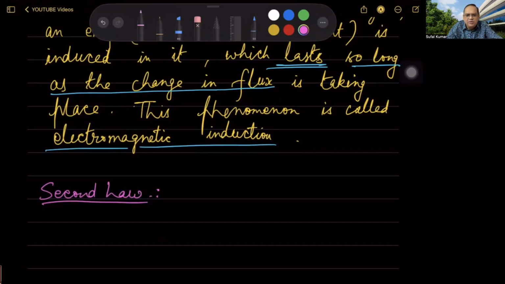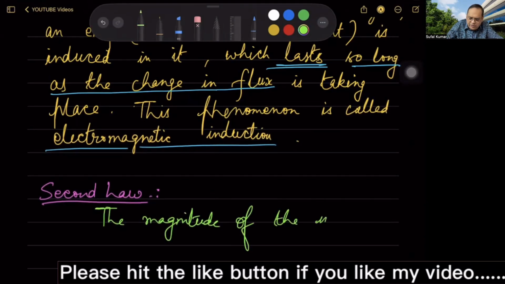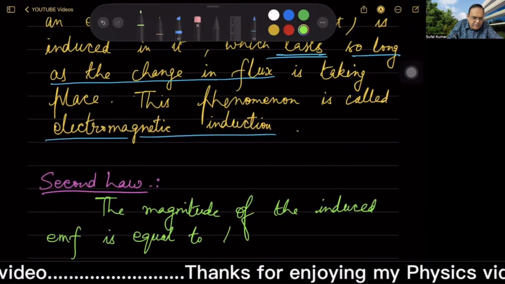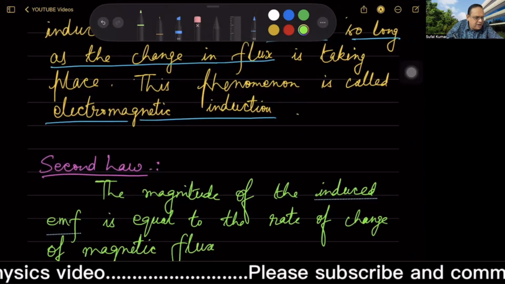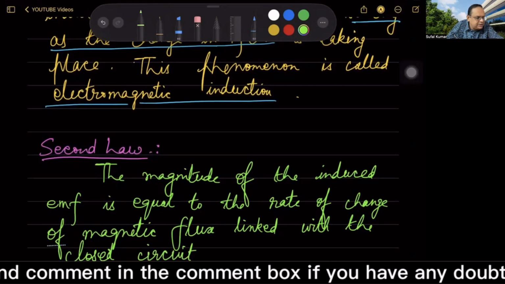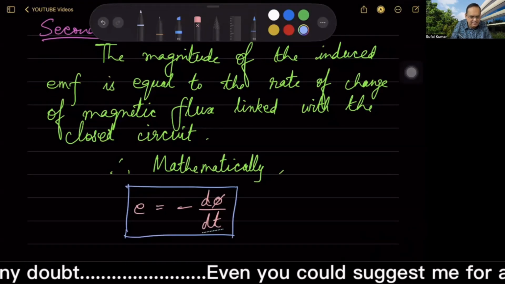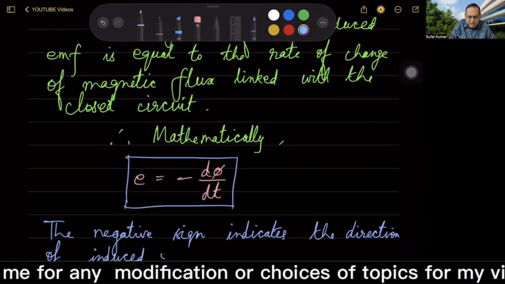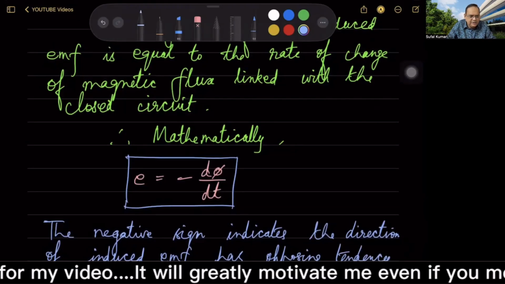This second law talks about the magnitude of induced EMF. The magnitude of the induced EMF is equal to the rate of change of magnetic flux linked with the closed circuit. E is equal to minus d phi B by dt. The negative sign indicates the direction of induced EMF as opposing tendency.